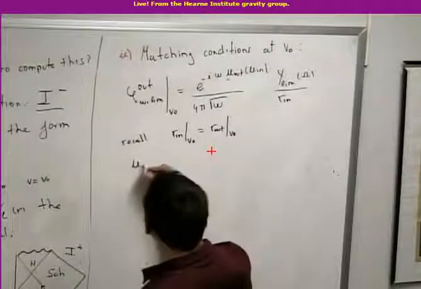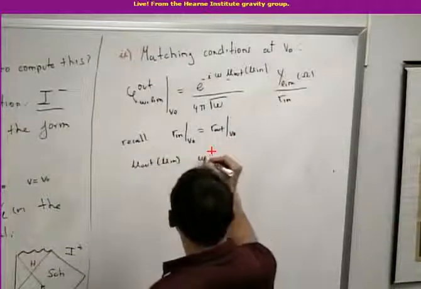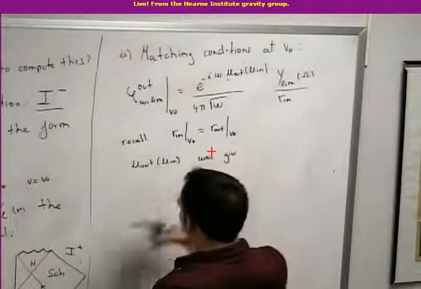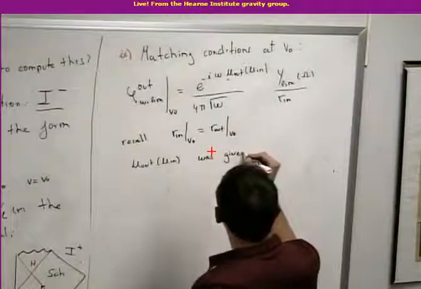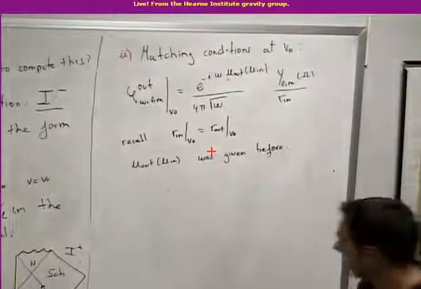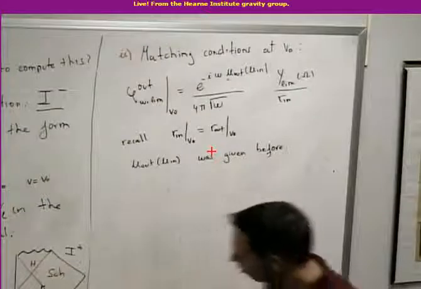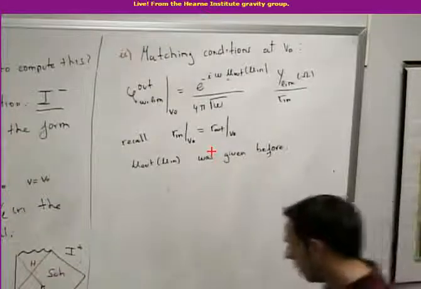And u out as a function of u in was given before, this logarithmic relation that I was writing at the beginning of the class. So we have that. Good. The only step left is evolving back to Sky minus.